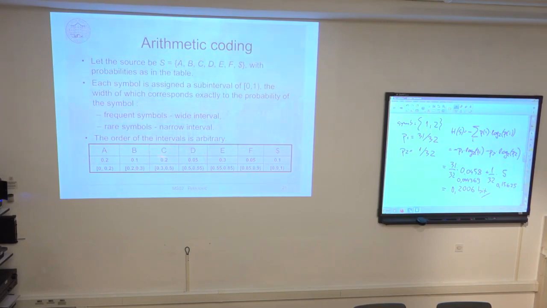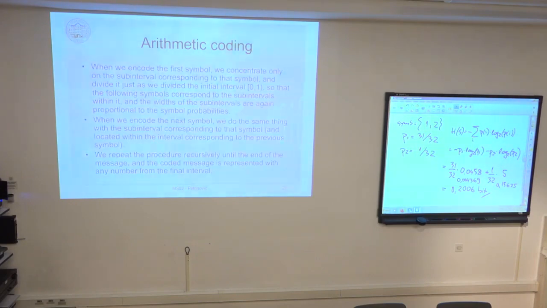Then symbol C, again 0.2, so from 0.3 to 0.5. Symbol D from 0.5 to 0.55, and so on. Finally, symbol $ from 0.9 to 1. Now I have covered the whole range from 0 to 1, because the sum of probabilities must be 1. So this is a histogram.